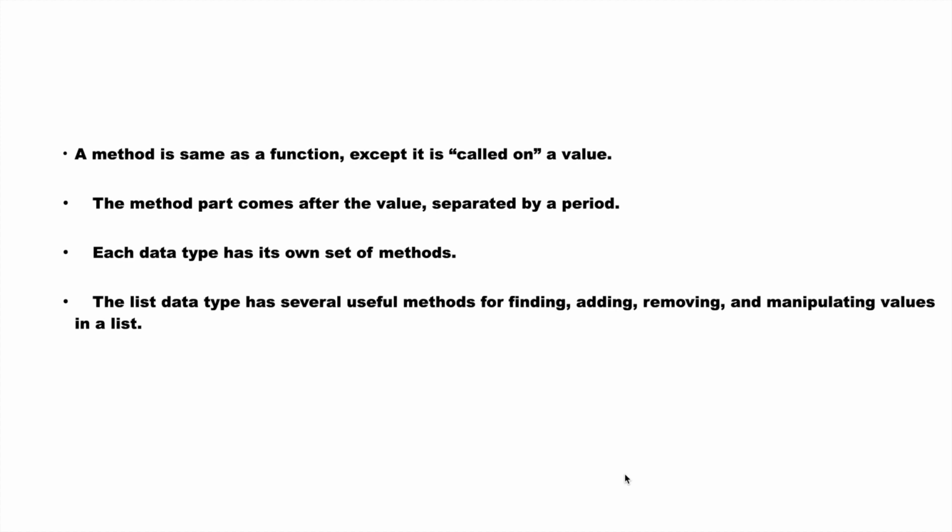The only difference is that a list method is called on list values. List methods are used with the values that are present in the list. We will understand by giving an example. The method part comes after the value, separated by a period.